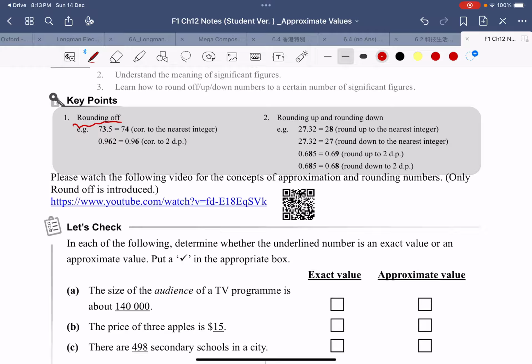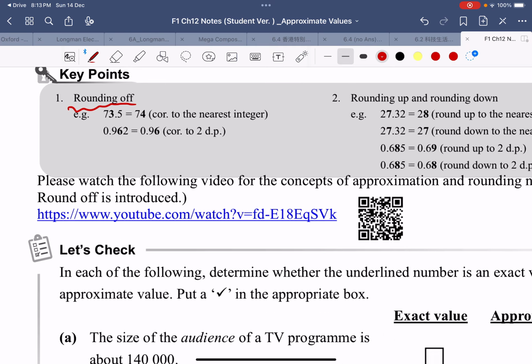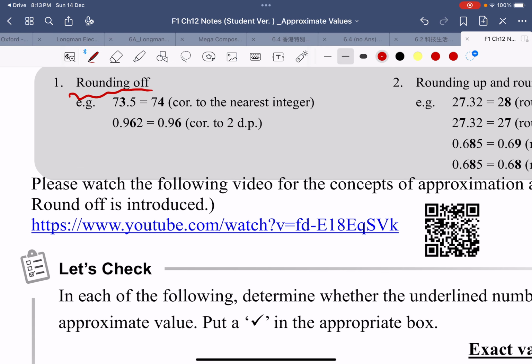For example, here, 73.5 correct to the nearest integer. If I want it corrected to the nearest integer, that means this place value is the nearest integer.